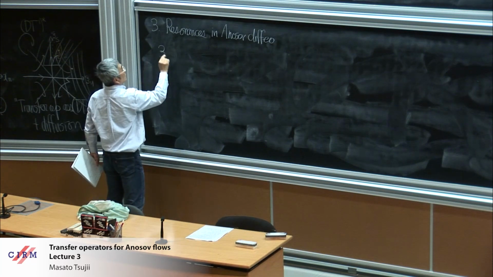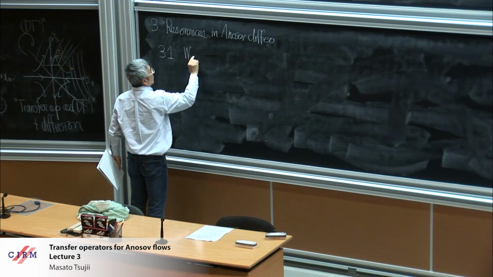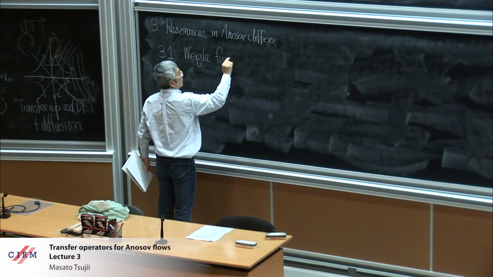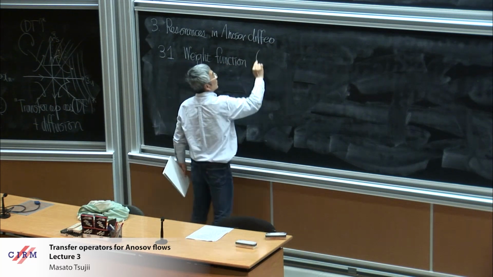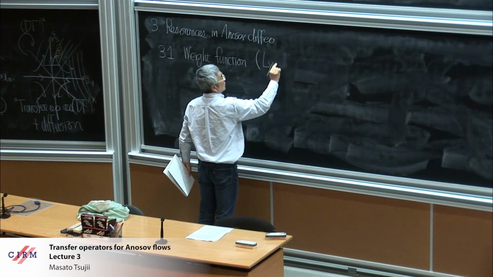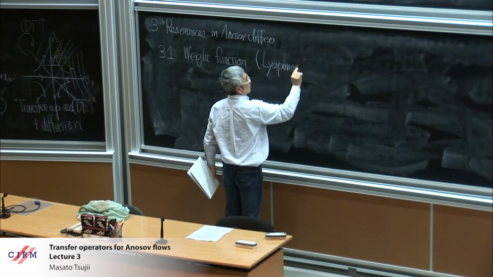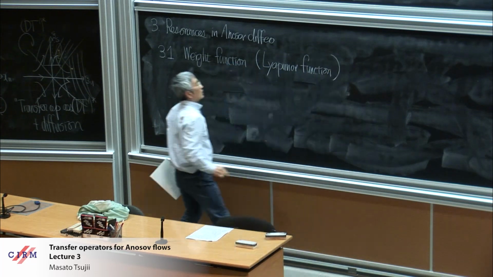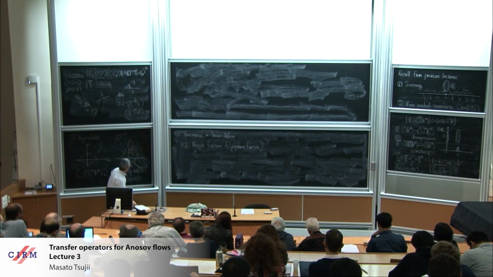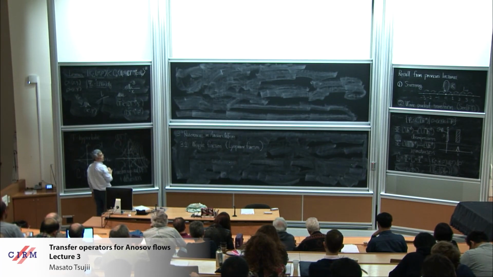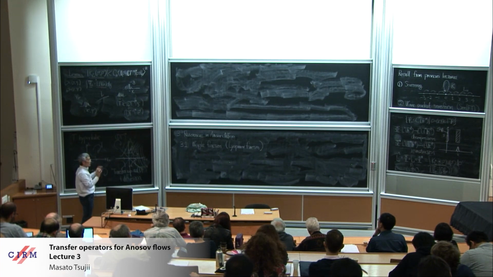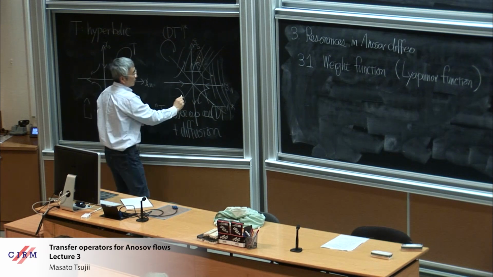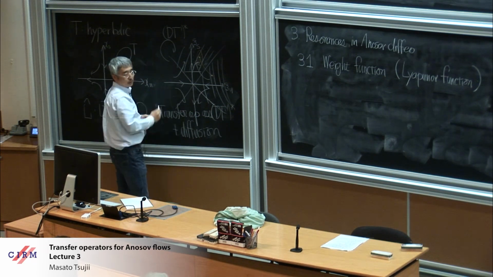First, I want to set up a function, which I called a weight function, but it may be better to call it a Lyapunov function. Because there is some transient behavior here, we expect that we can have some Lyapunov function, of course, on the outside of some neighborhood of the origin.